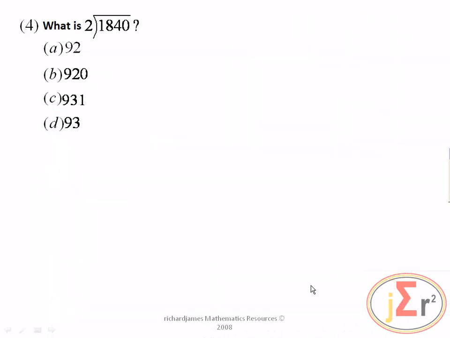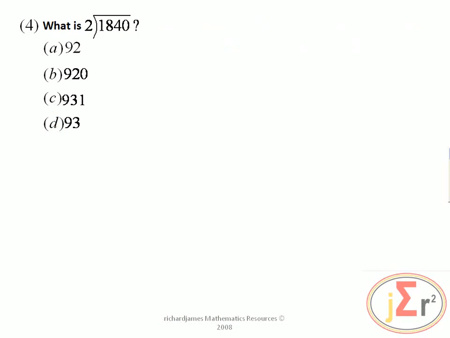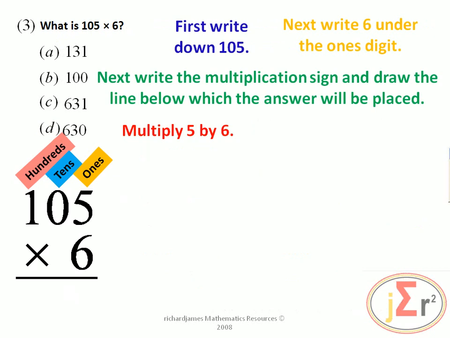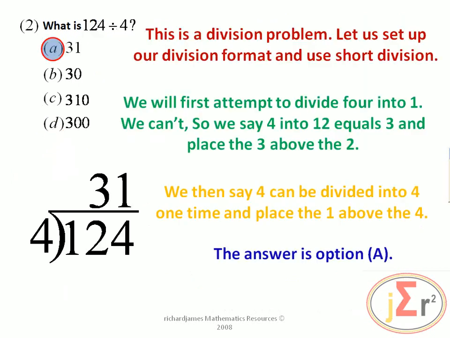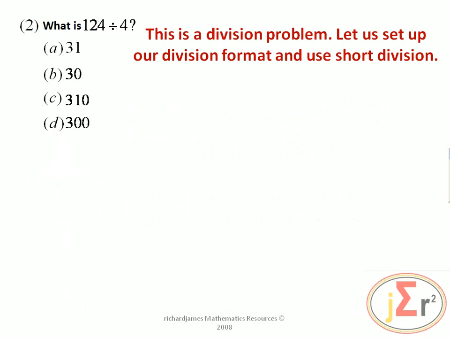Correct. So we have another division problem. According to the format that the problem has, we should divide. So division is required. If we look all the way back, we will see the division problem that we had. In that division problem, we were not given the format.